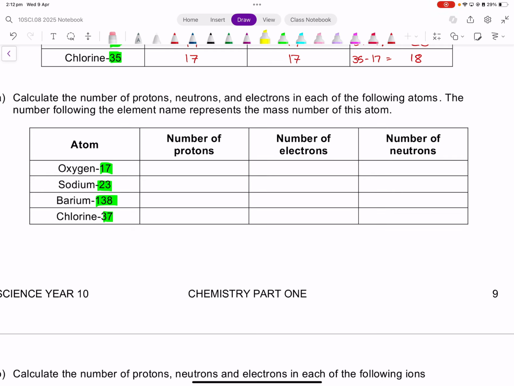You are going to use your periodic table to firstly find the number of protons, and the number of protons is the same as the atomic number. Okay. What you're then going to do is we go mass, subtract, so take away the atomic number, and that gives us the number of neutrons. So let me highlight that there for you, and that there. I'm going to wander around. Let me know if you need a hand.